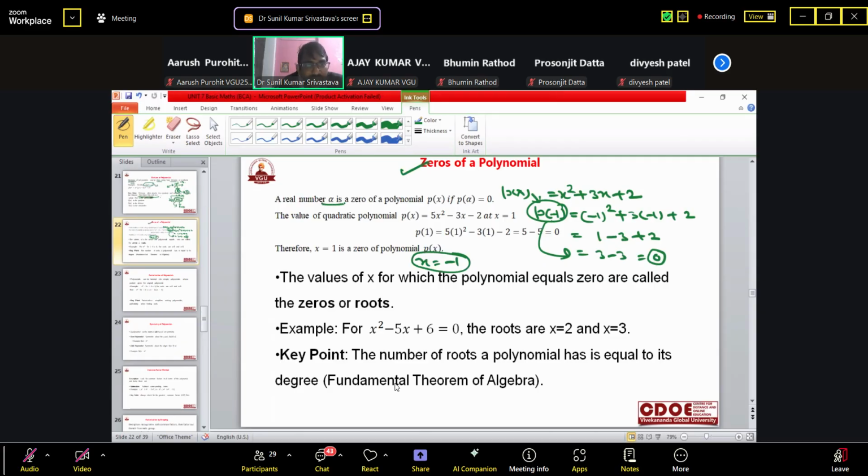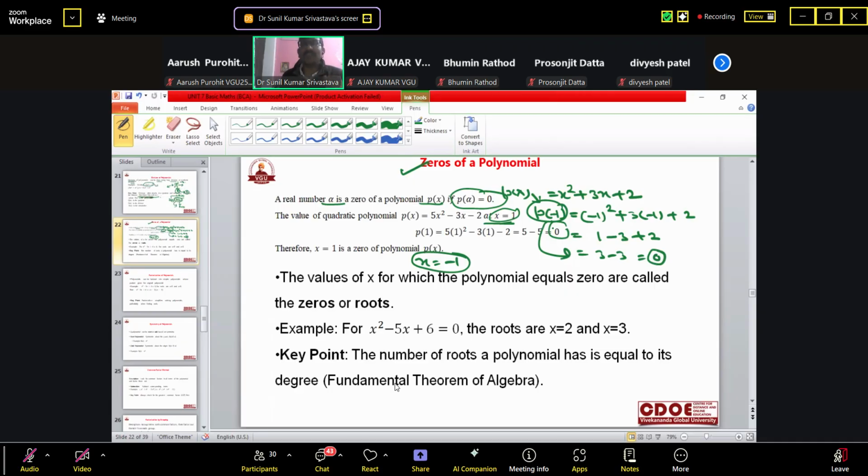It means x equal to minus 1 is a zero of that polynomial. When putting a value in the polynomial, if its value becomes 0, that value is known as a zero of that polynomial. So here, 5x square minus 3x minus 2. When we put x equal to 1, the value is equal to 0. So x equal to 1 is a zero of that polynomial.